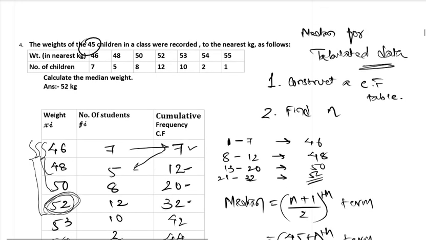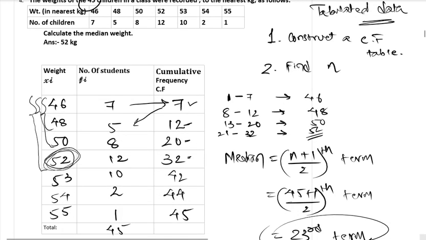So this is the method for finding the median for tabulated data. If you want to watch this part all over again, please do so. Pause the video, watch it again, come back to this part and then go ahead, because this concept must be very clear. For finding the median of tabulated data, you don't need any fancy formulae.